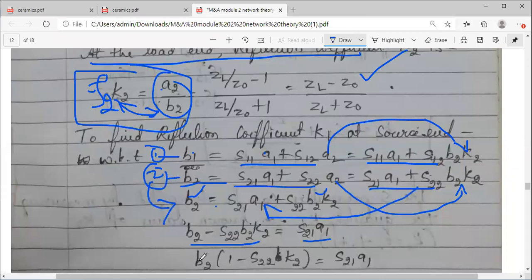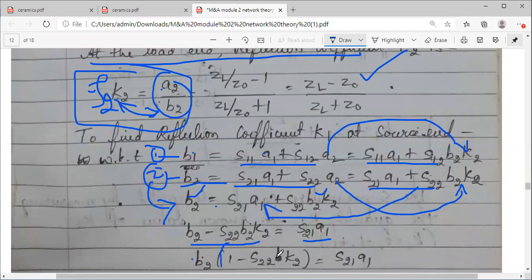Now take B2 common. What is my actual target? I want to find the S parameters. I am doing all these manipulations and substitutions. Finally, I want S11, S12, S21, S22, these values, and also, if possible, reflection coefficients K1 and K2. So I'm taking B2 common.